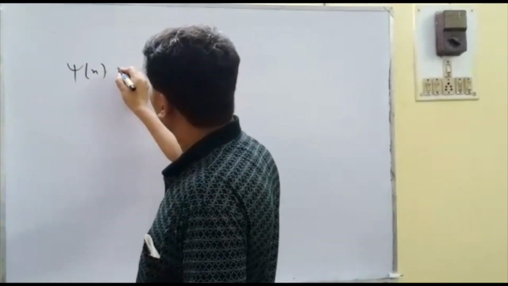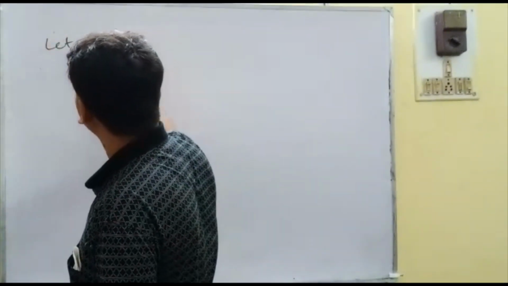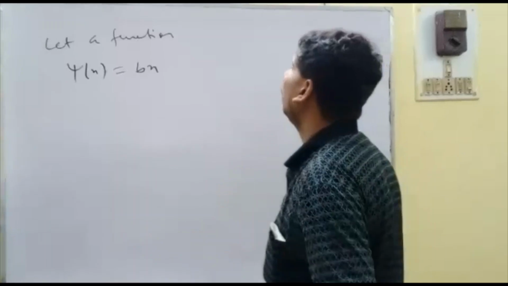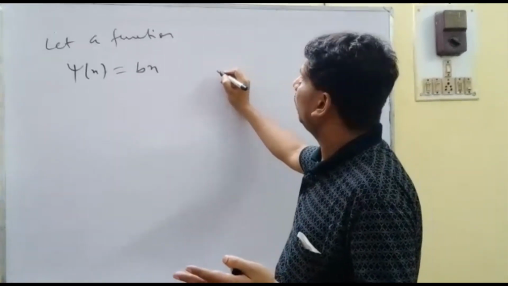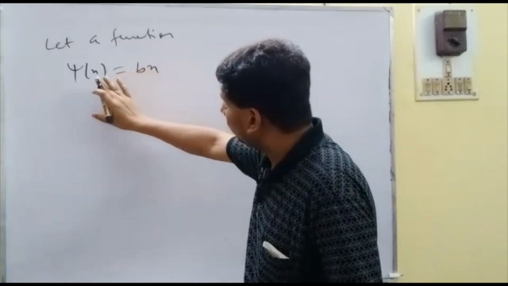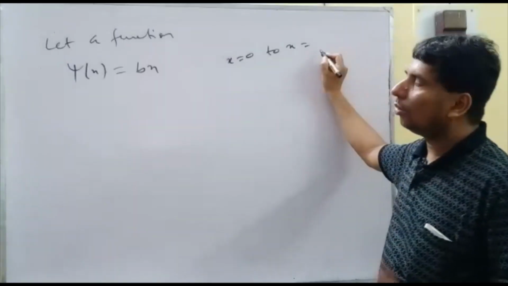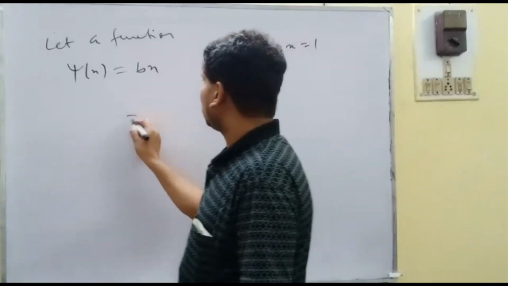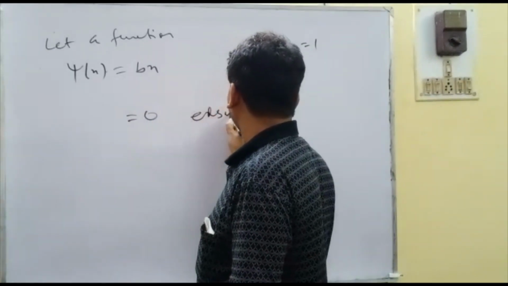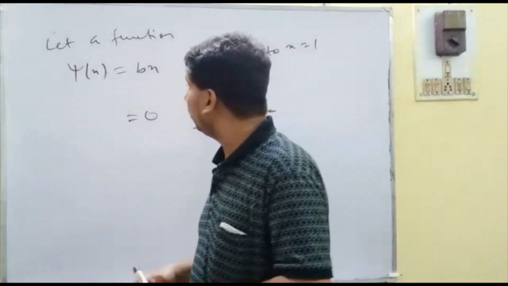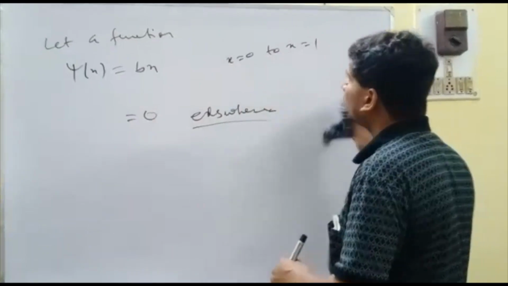If we consider a function psi x equal to bx, and its limit, that means it will be psi x equal to bx from x equal to 0 to x equal to 1, and otherwise it will be 0 elsewhere. Anywhere else it will be 0, and if x is between 0 and 1 then it will be bx. Then what will be the expected value, meaning the expectation value?